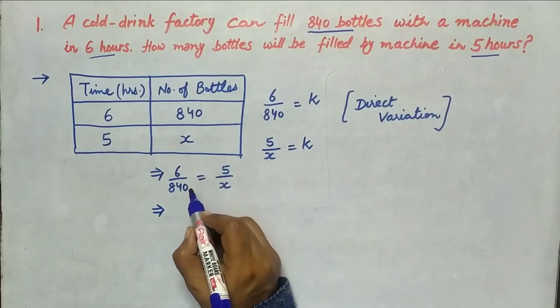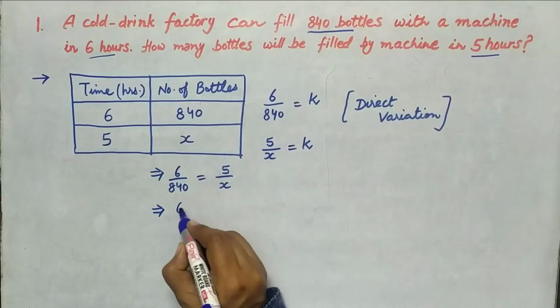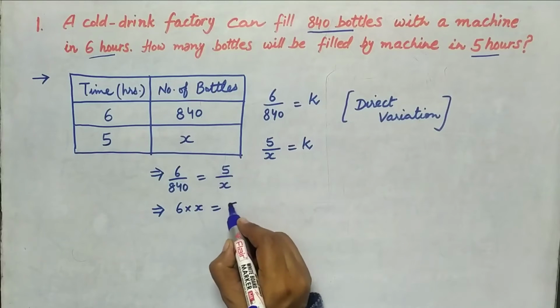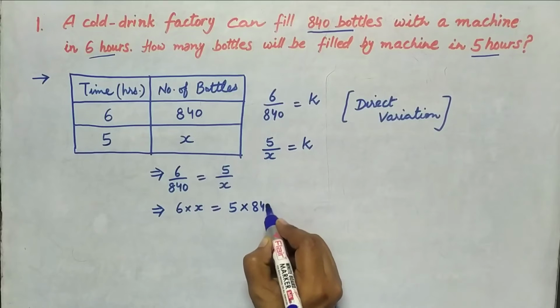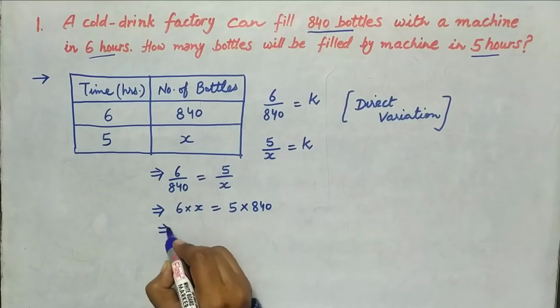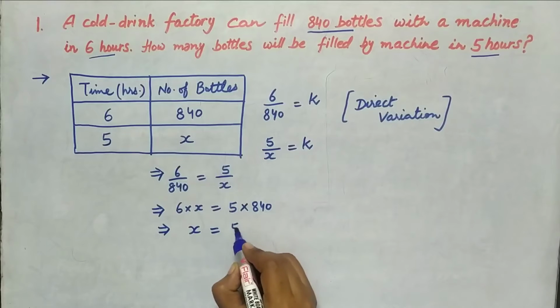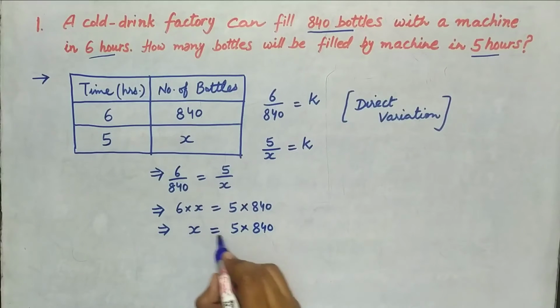Here we will do the cross multiplication. 6 multiplied with X is equal to 5 multiplied with 840. This gives X on the left hand side is equal to right hand side, and 6 goes to the denominator.